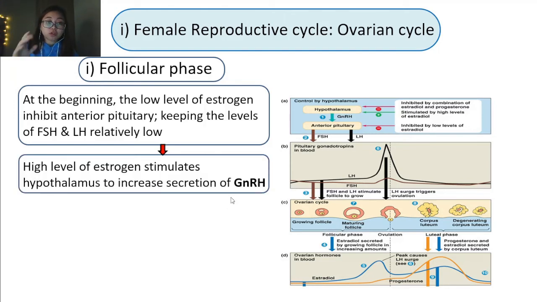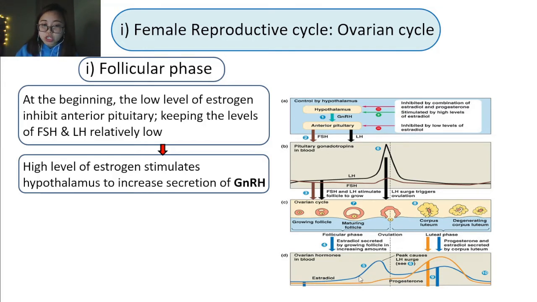Then, as the follicle grows bigger, there will be more estrogen produced. So when there is a high level of estrogen, it will stimulate the hypothalamus to increase secretion of GnRH. Ini perlahan-lahan naik. Bila estrogen itu cukup banyak, dia bukan suruh anterior pituitary slow-slow.